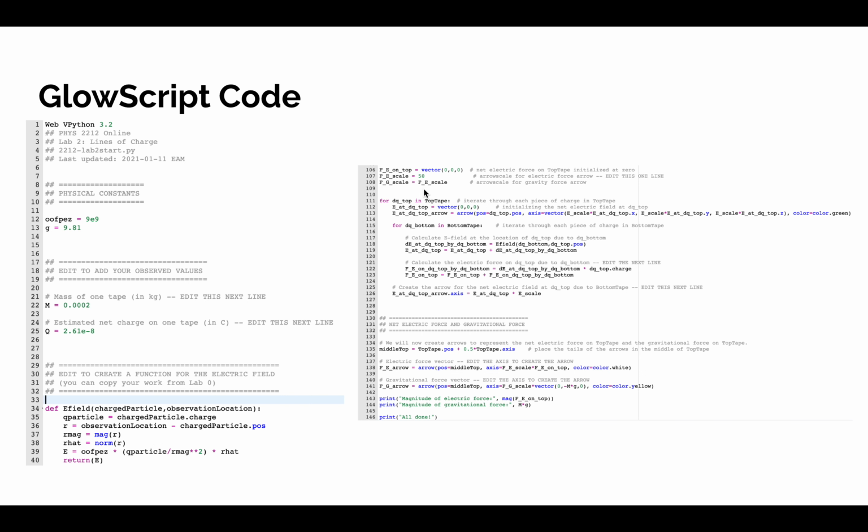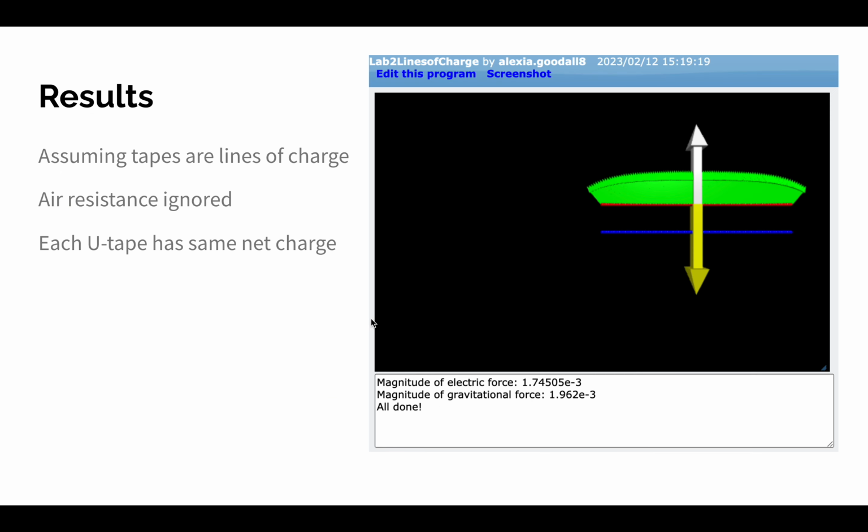Also, in this part we're calculating the force on the top tape, which in this case is tape B, and in these places we are calculating the arrows and their magnitudes. Also, it's not shown, but in another part of the code, the distance between the tapes is 0.03 meters.